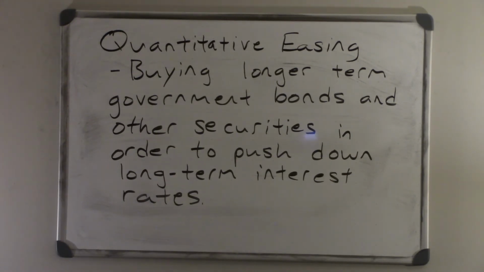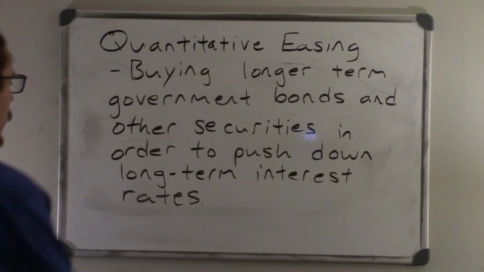I think it's usually bonds, but there are times when they do securities, like during the recession. But that is it for quantitative easing. We're not going to spend a whole lot of time on that.